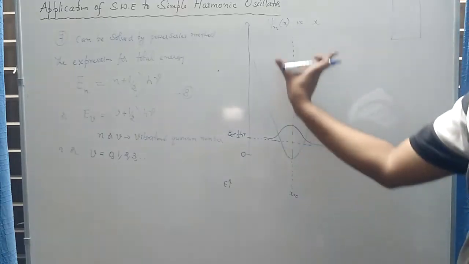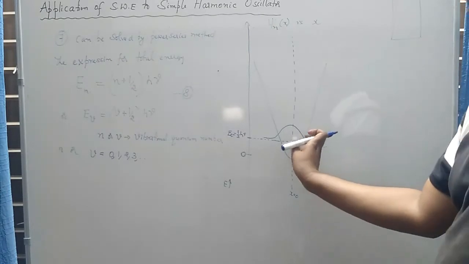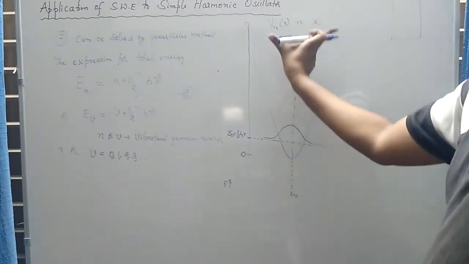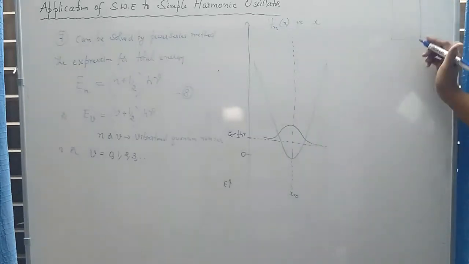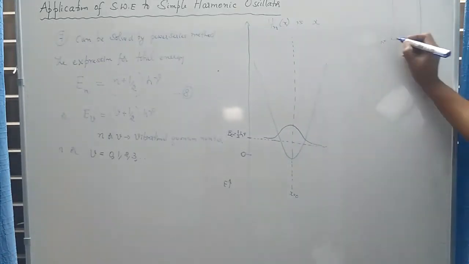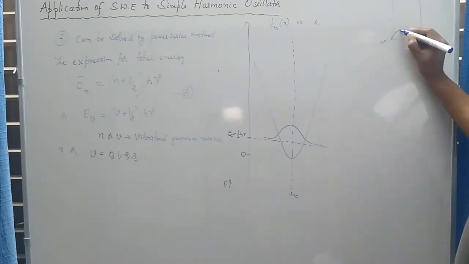Here the potential energy is not uniform, or rather the length of the box is not uniform. It increases as energy increases. There it is uniform. So when n was equal to 1, the lowest state, the wave function was something like this.